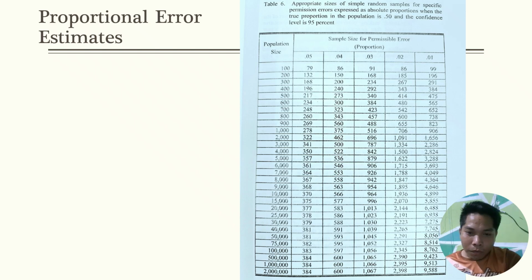For 4% in a population of 1,000, you can have 375 participants. The smaller the permissible error will be, the larger your participants should be also.